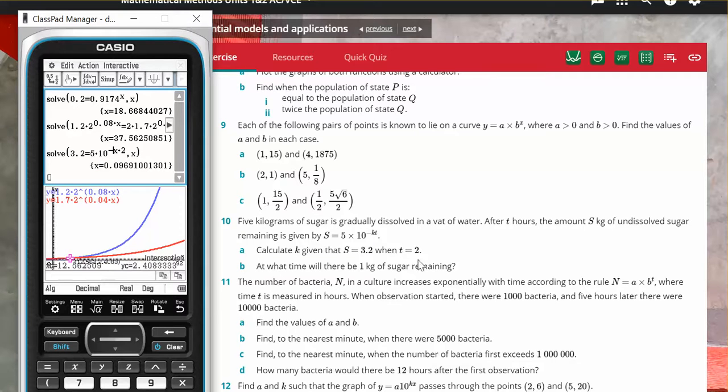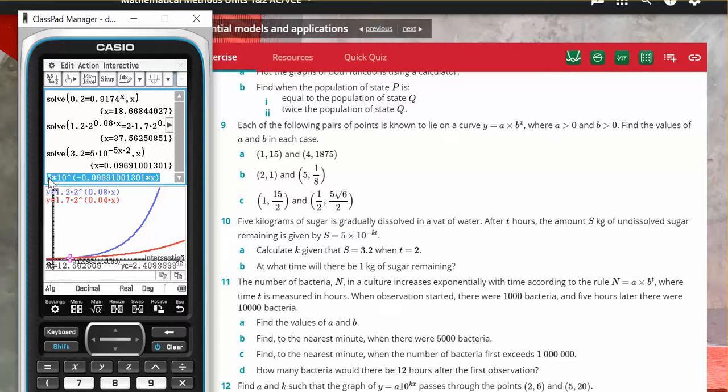Now, what time would there be 1 kilogram of sugar remaining? So we've got our model. Our model is 5 times 10 to the power of negative K. Now, this is my K value. I'm just going to put it in full, times T, which is just X. And we want to find out what time will be 1 kilogram of sugar remaining.